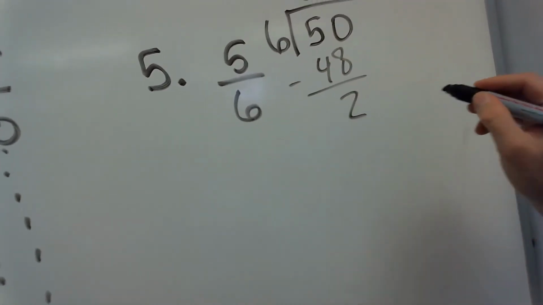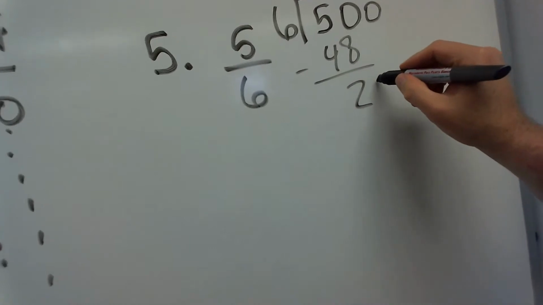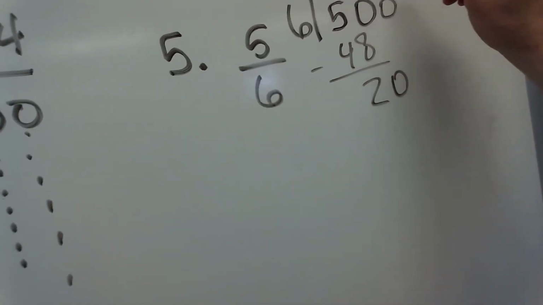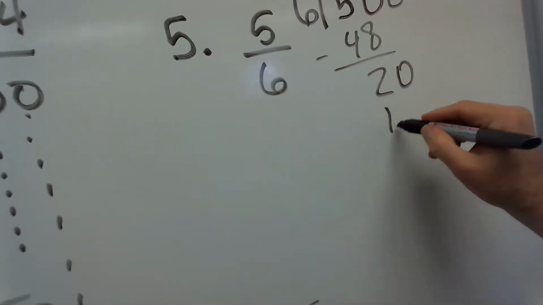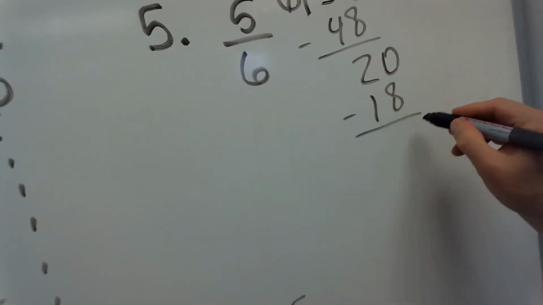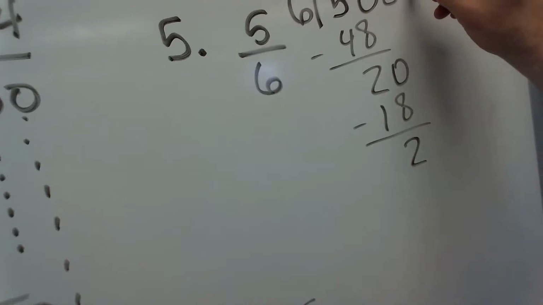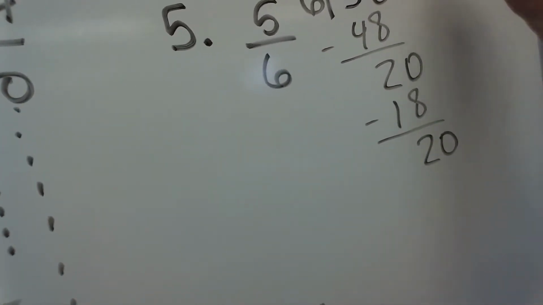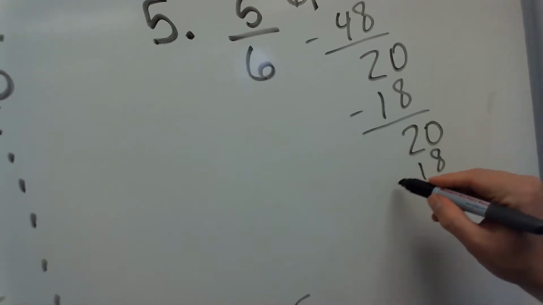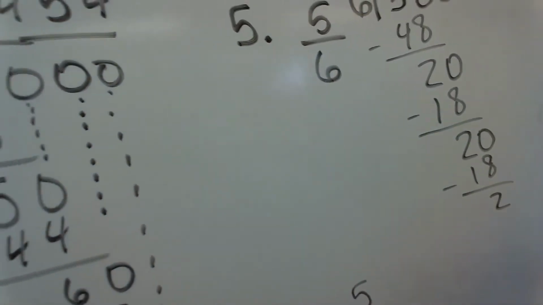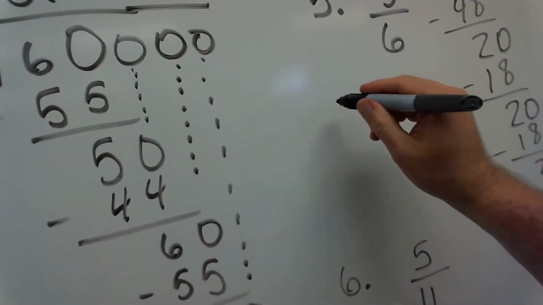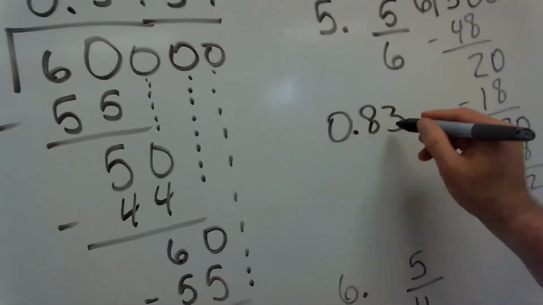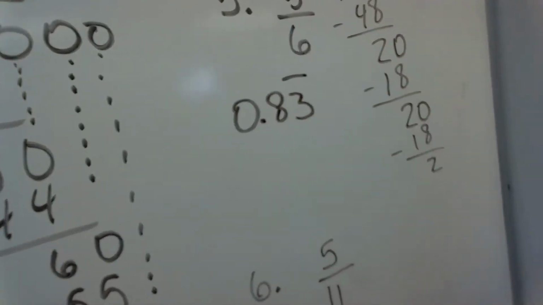Subtract and we get 2. Add a 0, bring it down. 6 goes into 20 3 times. 3 times 6 is 18. Get a difference of 2. Bring the 0 down. 6 goes into 20 3 times. And now we see we have yet again a repeating decimal. So 5/6 is equivalent to 0.83 with the 3 repeating.